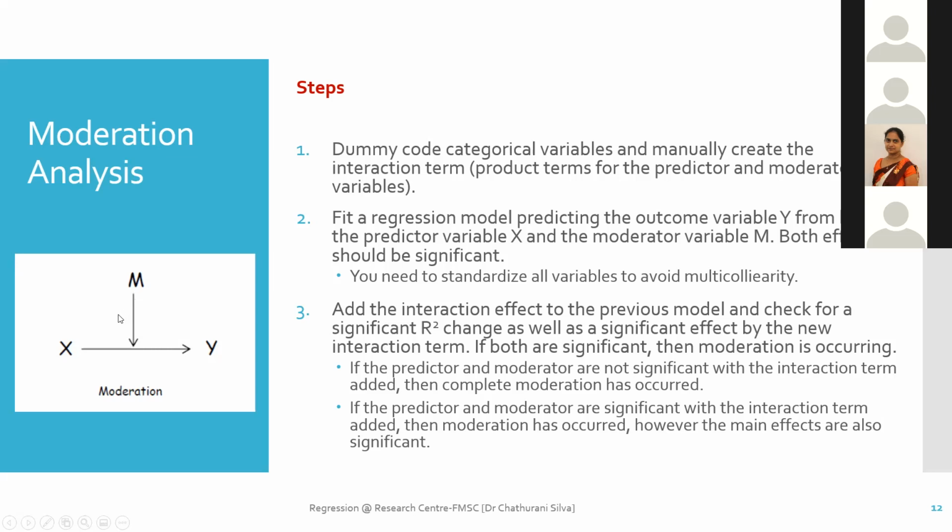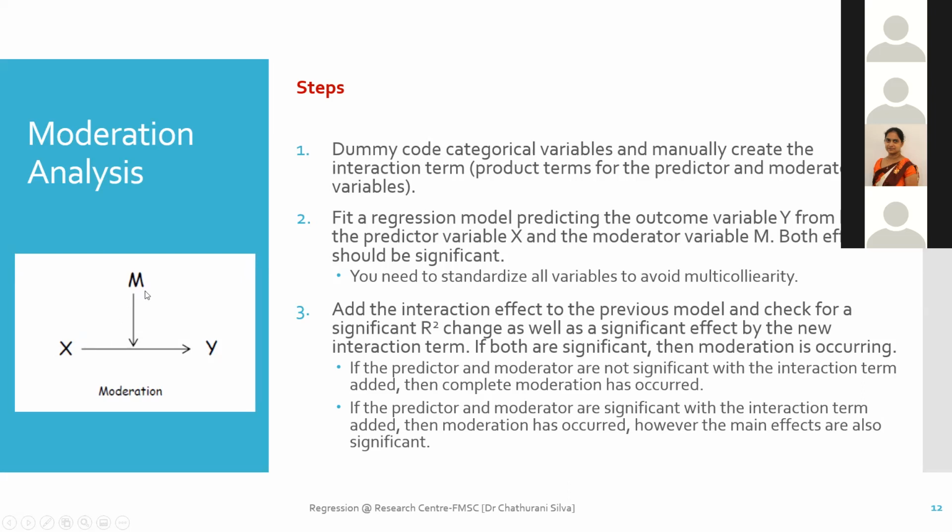In covariance-based structural equation modeling, you use another method, right? You sometimes do a classification and multiplication of the predictor variable and moderator, right? Different tools and techniques are there. But in regression, we normally do this multiplication of X and M, right?